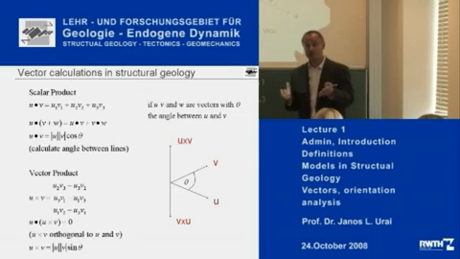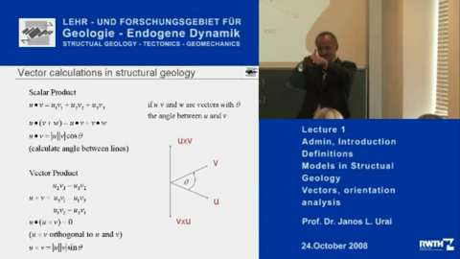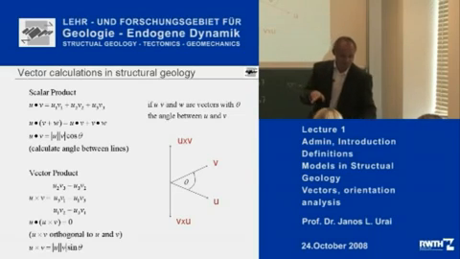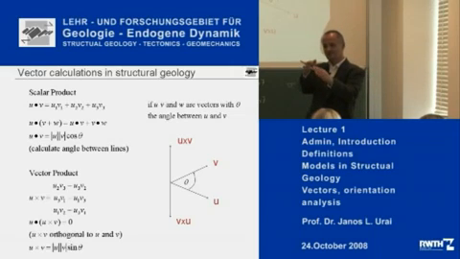So for example, if I have two planes and I want to calculate the intersection of these two planes, it's very simple, because all I have to do is take the normal to this plane, take the normal to this plane, and take the vector product of those two, and that is my intersection. Okay?